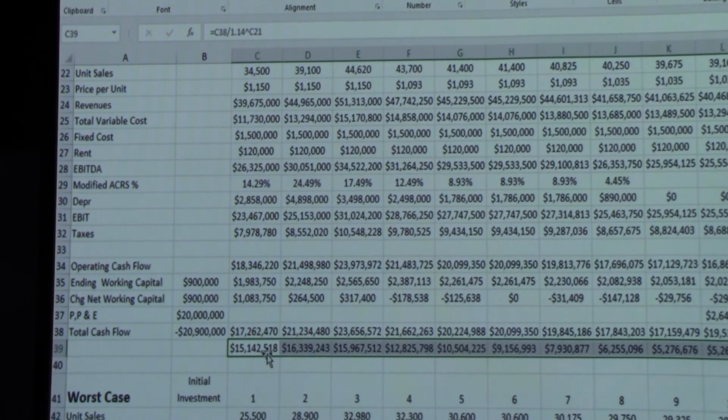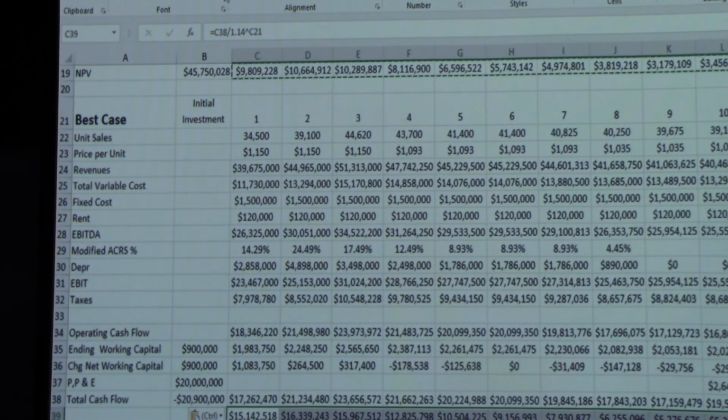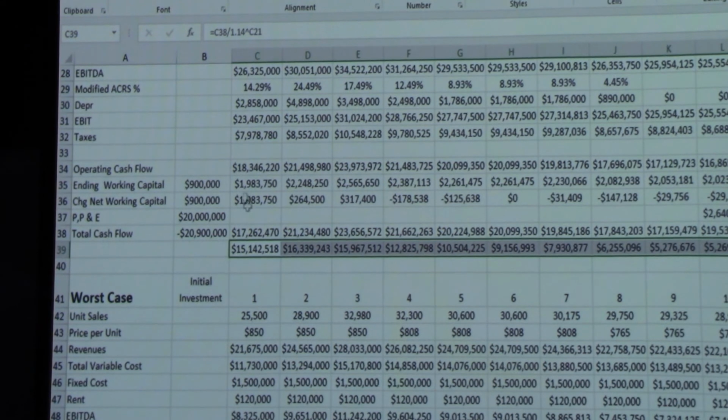Let's make sure it's grabbing the right numbers. It's C38 divided by 1.14 raised to the C21. And let me get my calculator out. Let's just hand check.